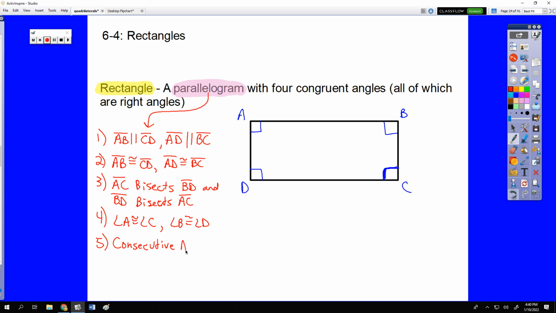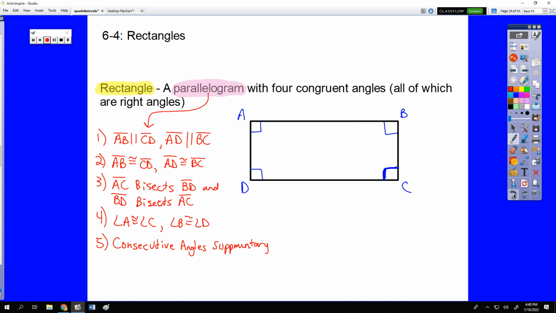Every pair of consecutive angles are supplementary. That one also is kind of like a duh moment when we state that all of them are 90-degree angles. Then of course any two consecutive angles would add up to 180 because they're both 90. 90 plus 90 is 180. Same thing would apply if I looked at A and B. 90 plus 90 is 180.